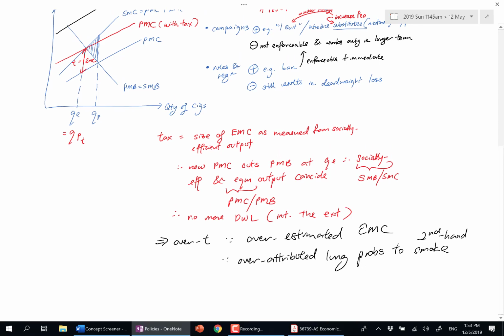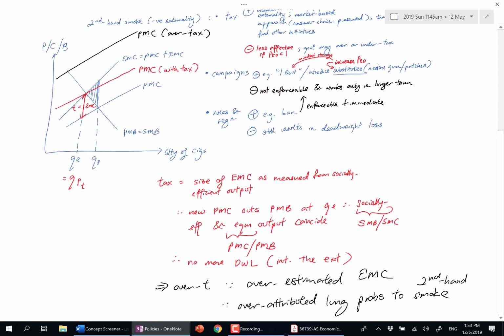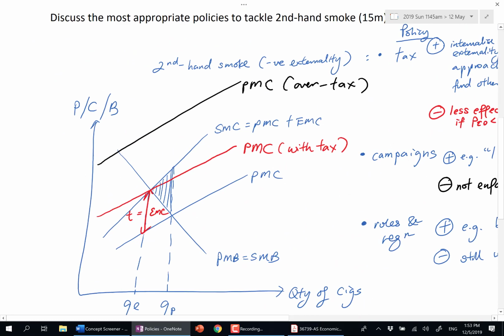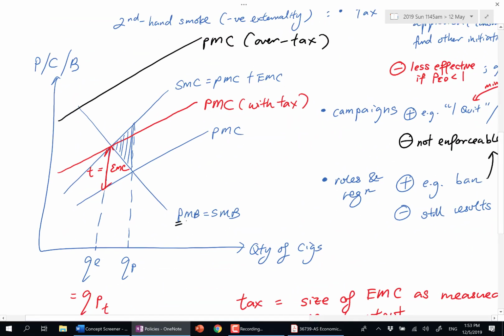Okay. So what happens? If my PMC is up here, PMC cuts PMB here. Let's just call it QO for overtax.